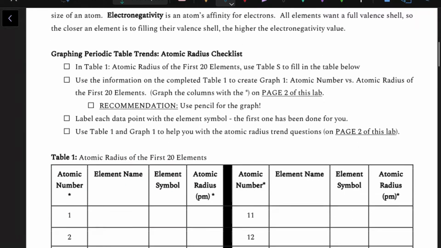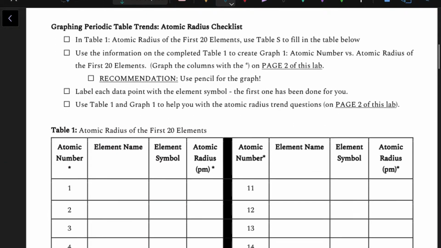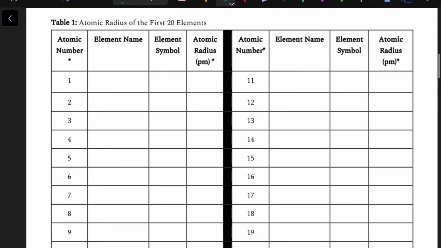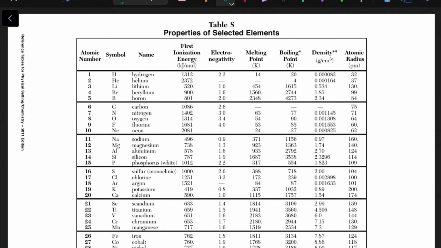Then there's this first checklist of things that you need to do. Our first objective is in Table 1, atomic radius for the first 20 elements. Use Table S to fill in the table. So you have atomic number and you have to fill in everything else. You will need the help of Table S, which again looks like this.